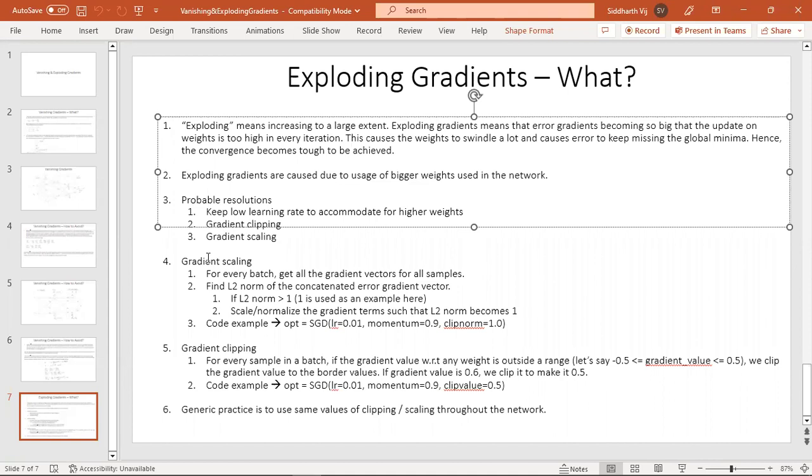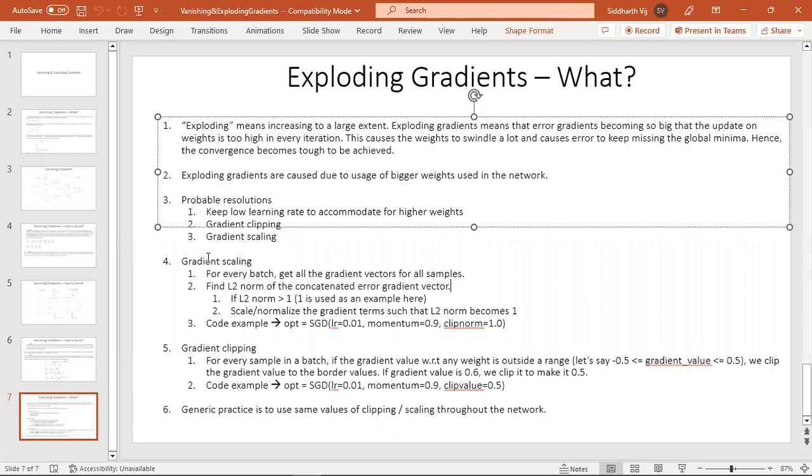For one layer, we get all the gradient values for all the samples in the network. We find the L2 norm of the error gradients.